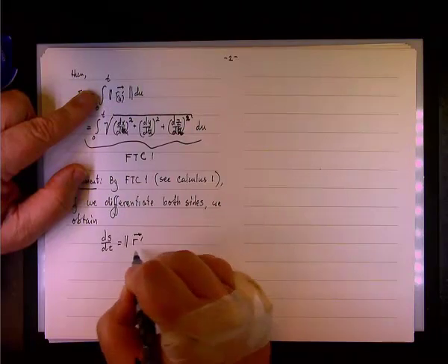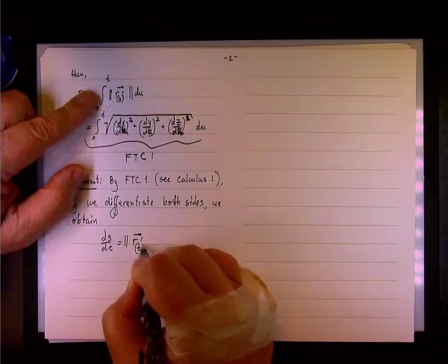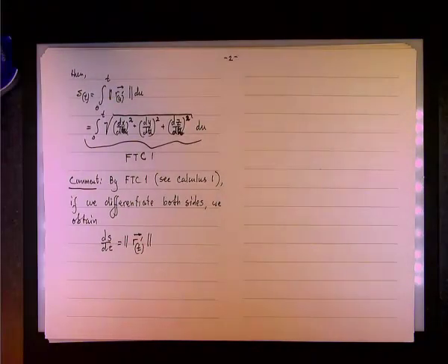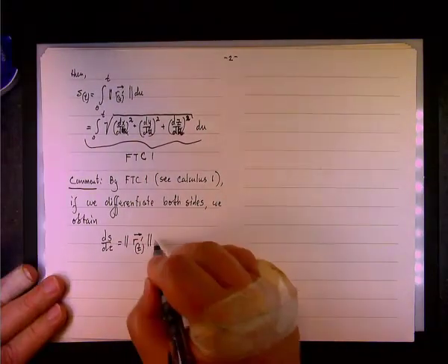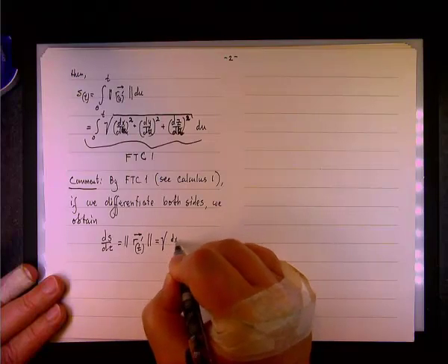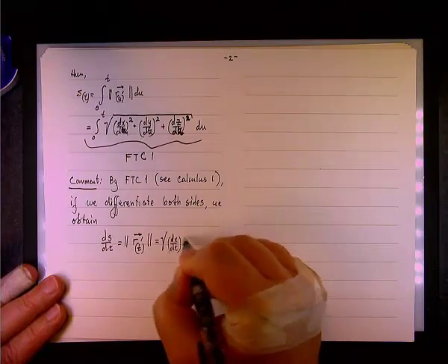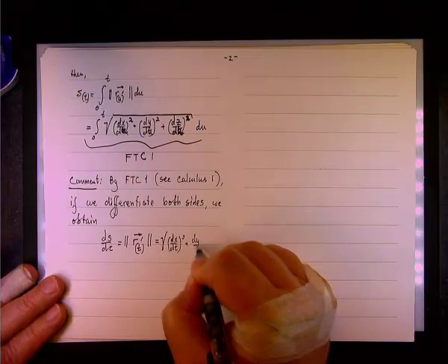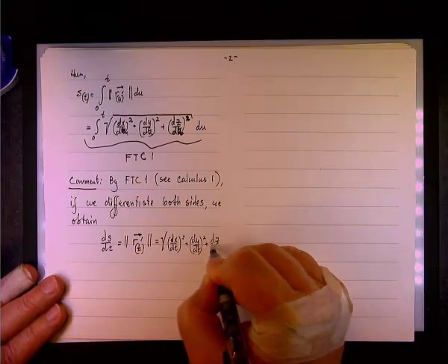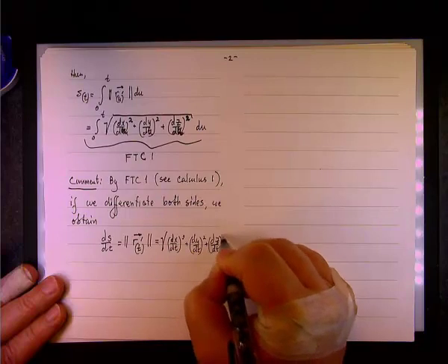So it becomes the magnitude of the derivative vector r prime evaluated at t, like so. Or we can write it as the square root of (dx/dt) squared plus (dy/dt) squared plus (dz/dt) squared.